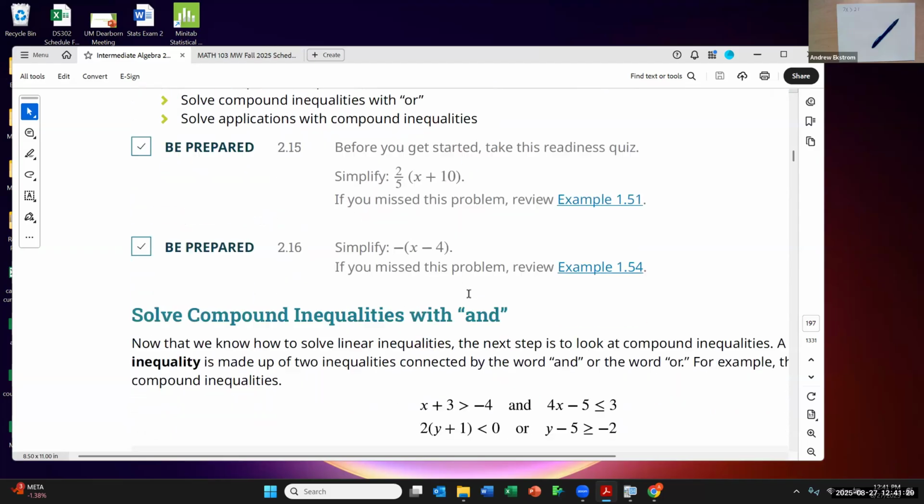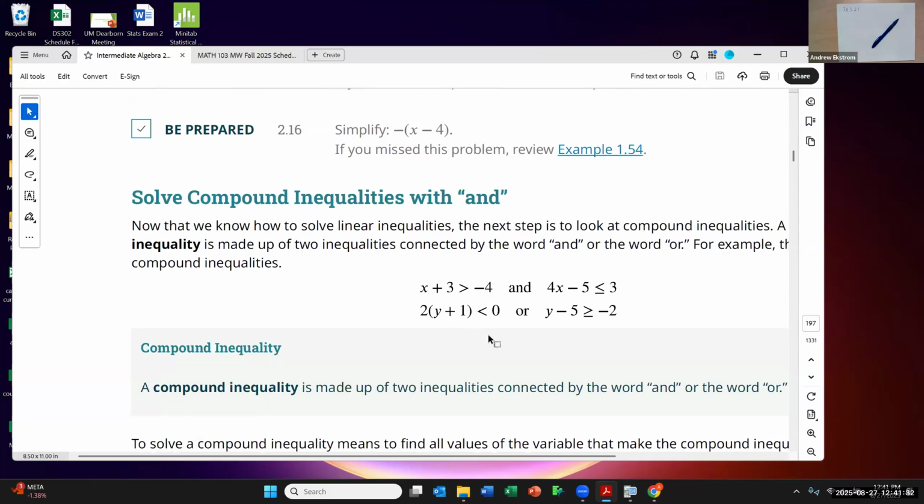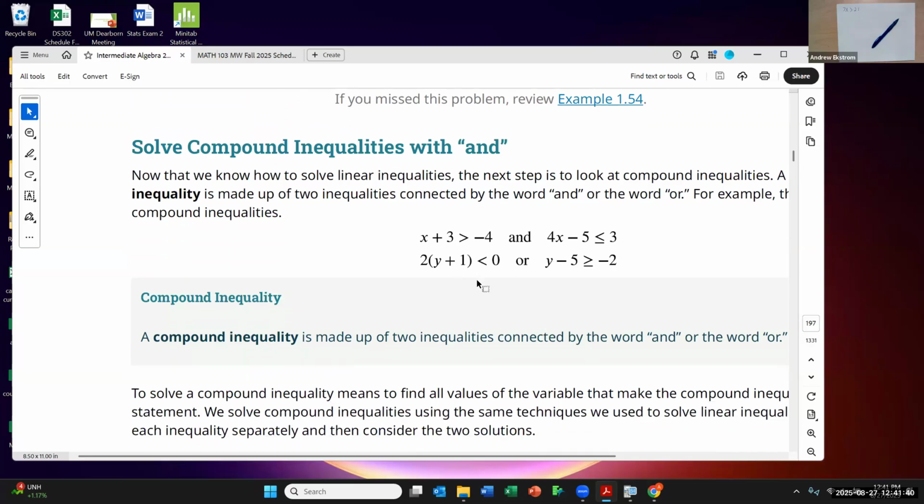Couple practice problems here, but most of what these problems are going to be like these, meaning what? There are actually going to be several different problems that we need to try to solve.